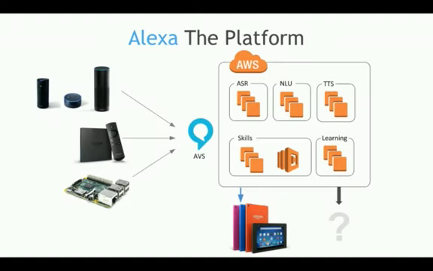The way the platform looks is one of the devices we've talked about interacts with what we call AVS, or Alexa voice service. And AVS lives on our AWS infrastructure or AWS cloud.